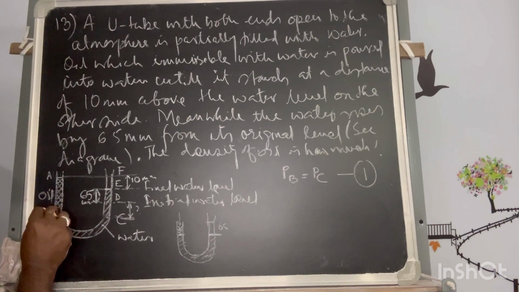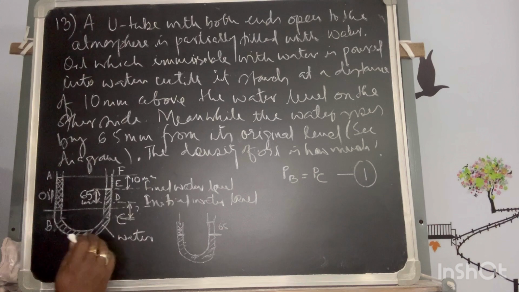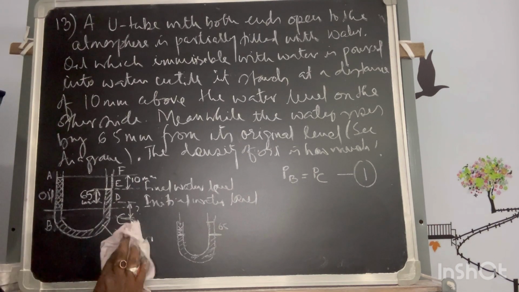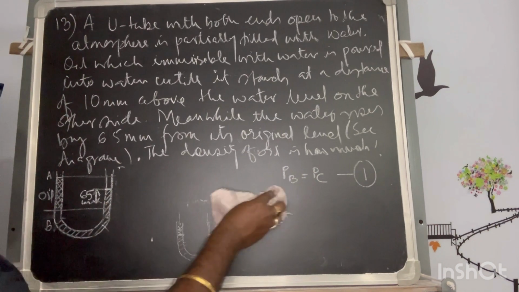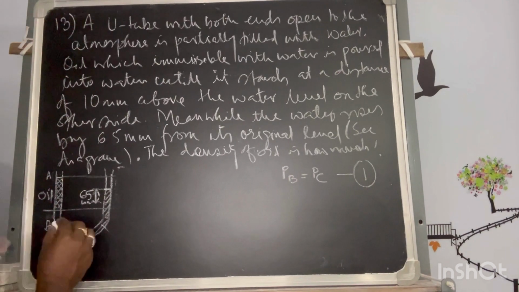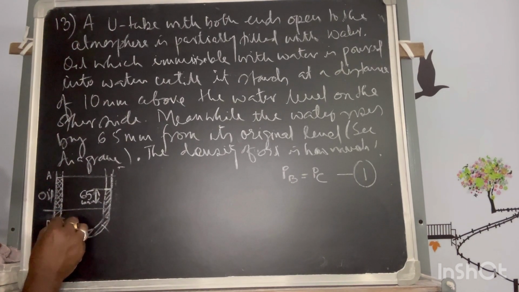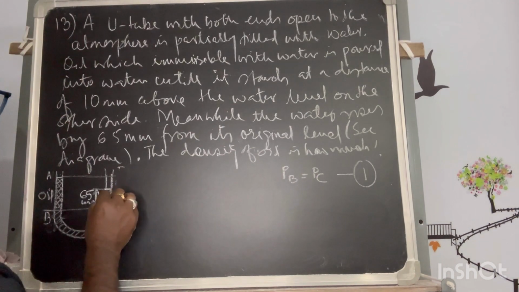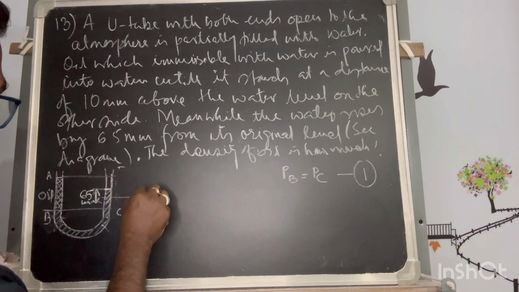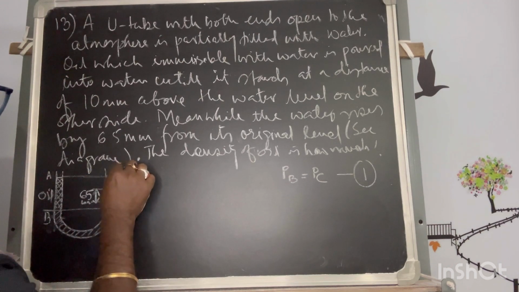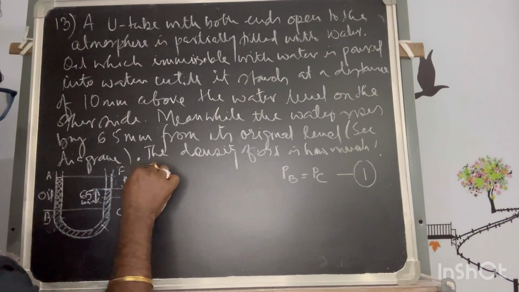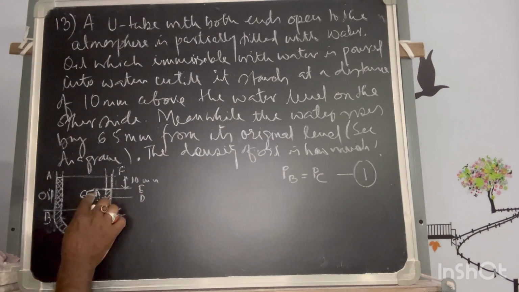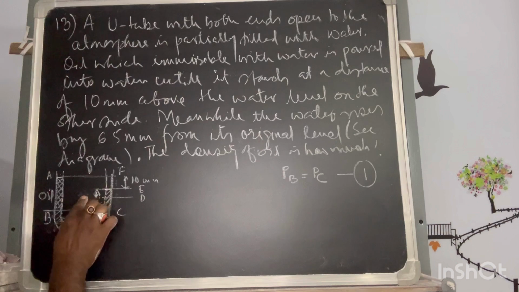Let me correct this drawing so it is easier to understand. So this is the water, after crossing the curvature at some point, this is B, this is C, the initial point is D, this point is E, and the reference point is F. This is 10, not to scale, and this is 65.